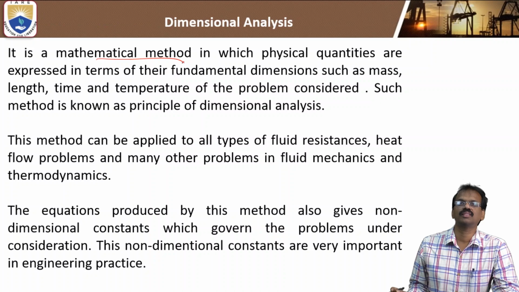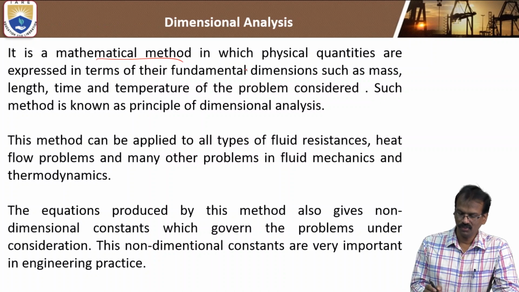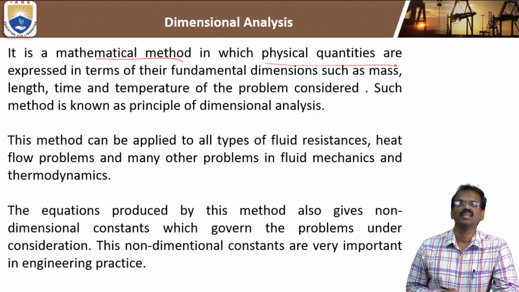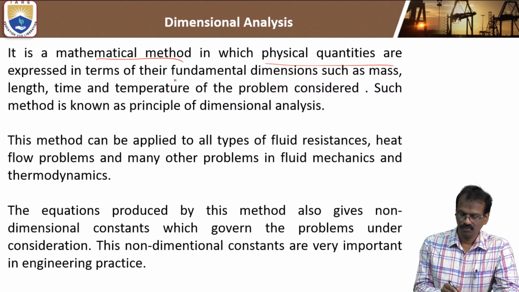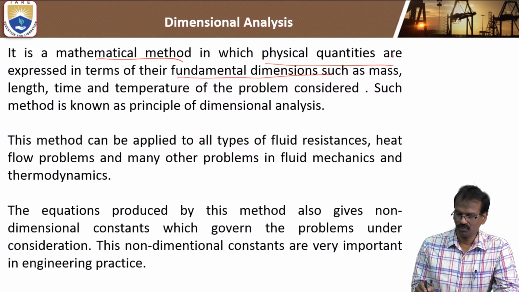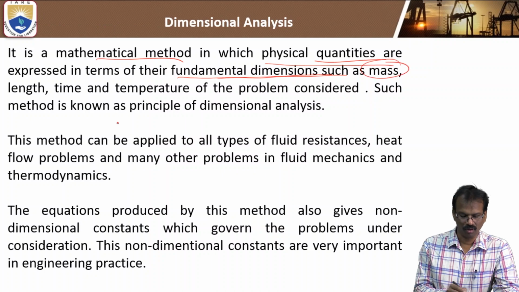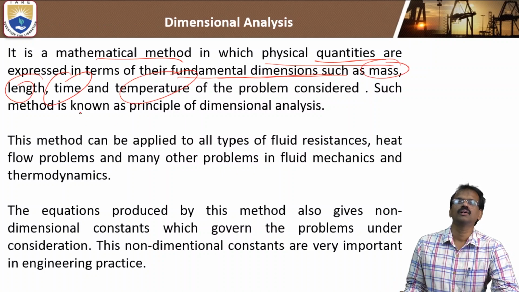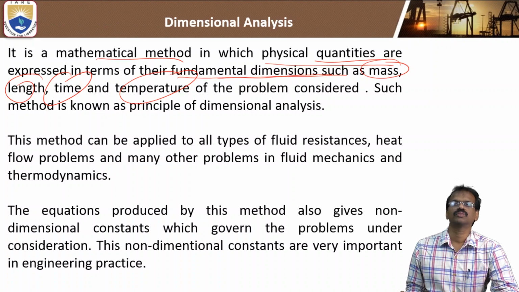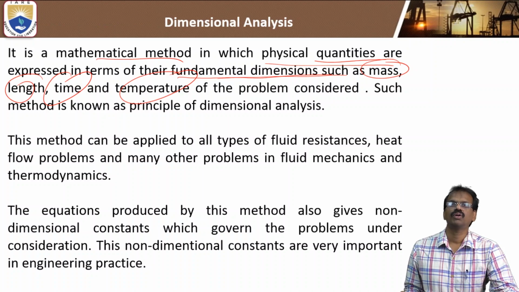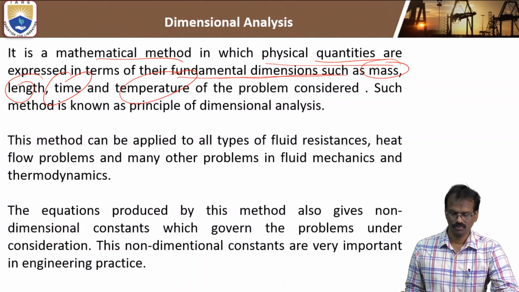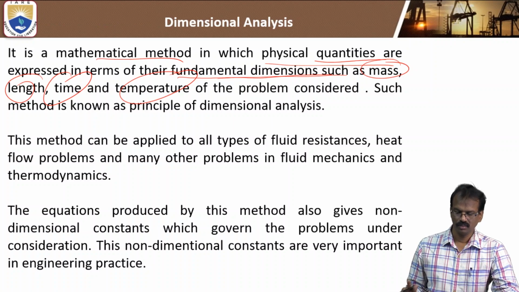Dimensionless analysis is a mathematical method in which physical quantities are expressed in terms of their fundamental dimensions, such as mass, length, time, and temperature. So all the quantities are expressed in terms of these fundamental dimensions.